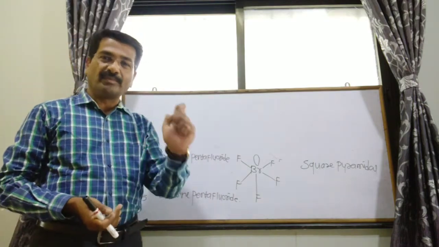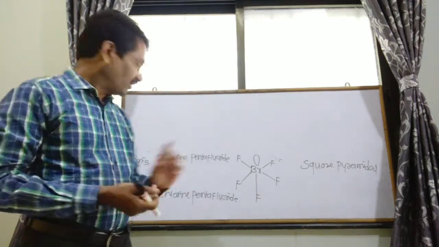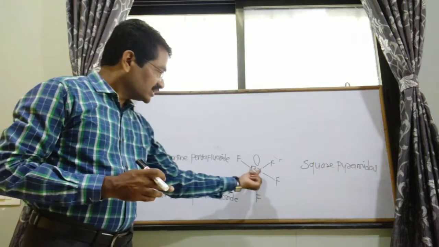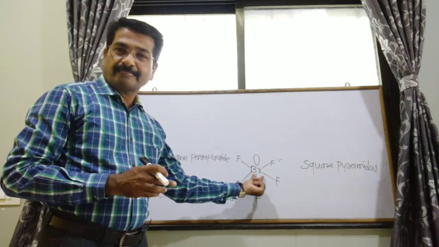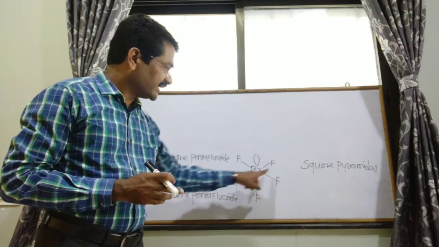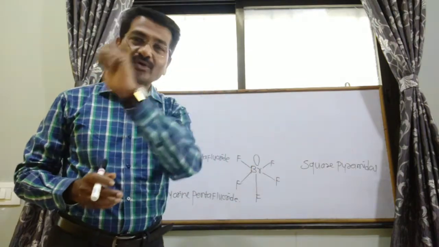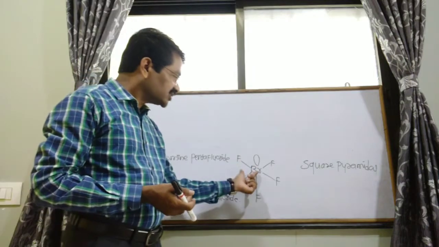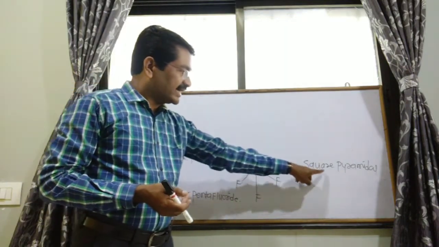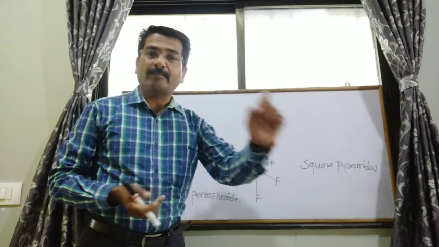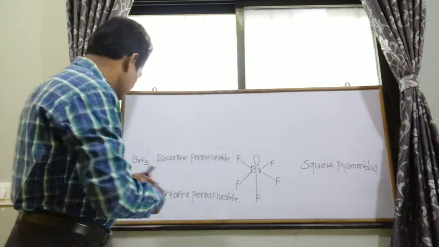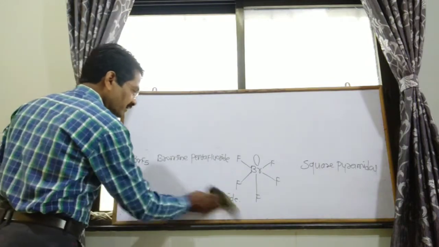BrF5 has 1 bromine and 5 fluorine atoms, in which the central bromine atom is linked with 5 fluorines to form the structure, and the shape is square pyramidal.